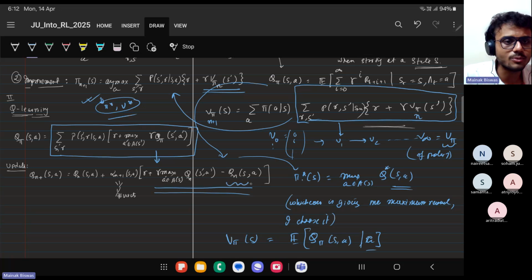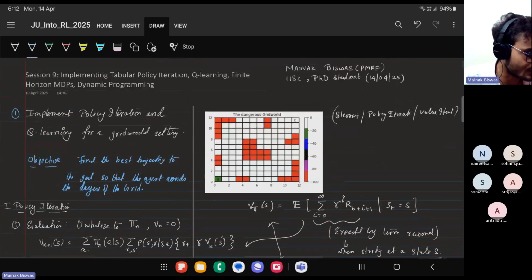This is how you keep going in the Q-learning algorithm. So any questions so far? I just replaced this equation by an iterated update, and we did it last time in the previous class. What I'll try to do is, using these equations, solve a problem, and then you'll appreciate how these equations actually work. So the problem is something like this.